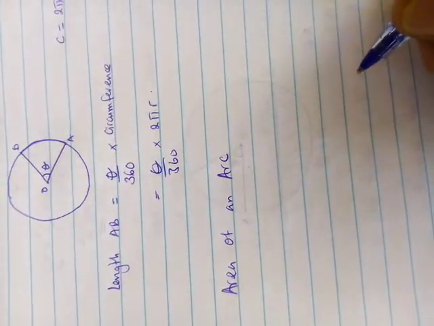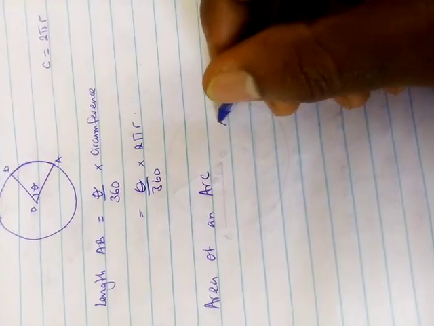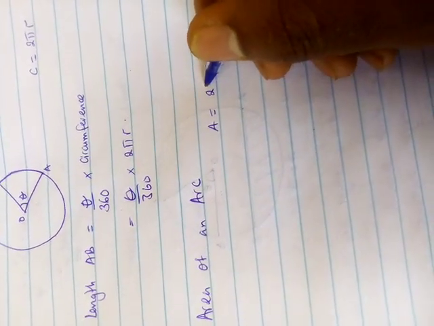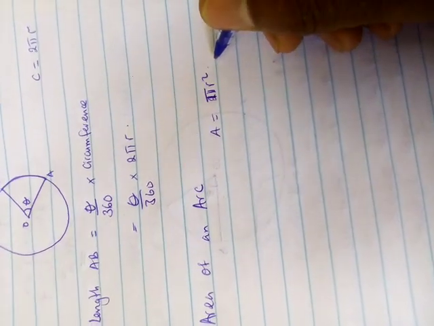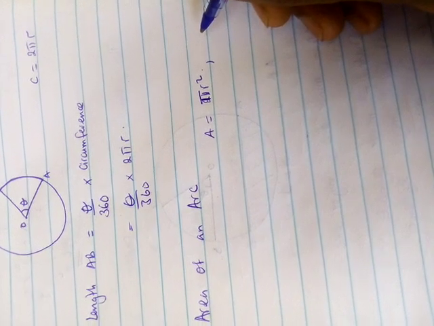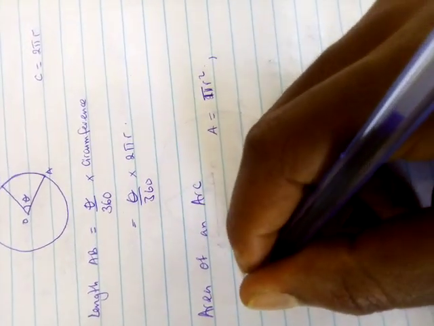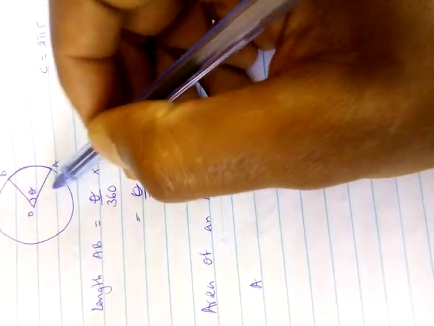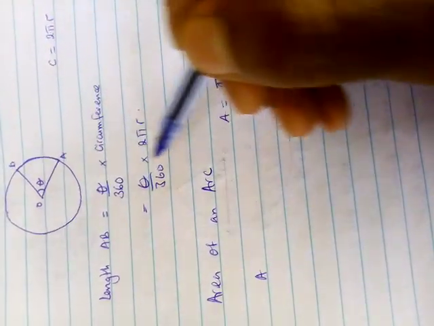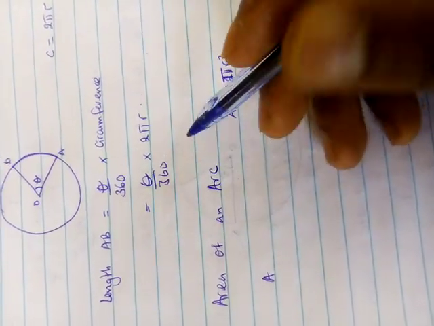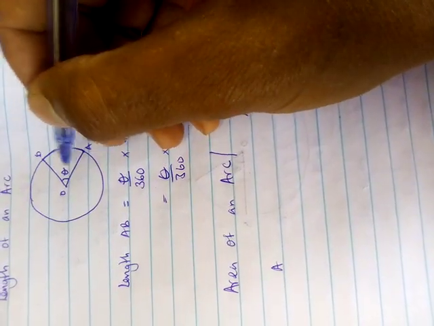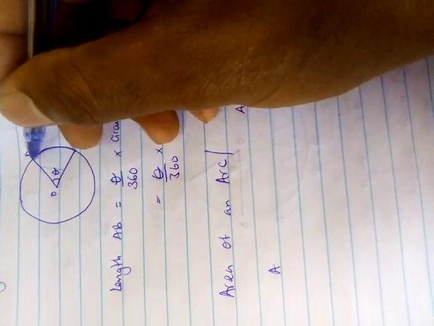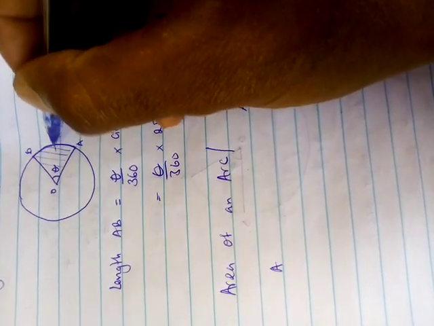Area of an arc: you know that the area of a circle is given by pi r squared, or simply pi d squared out of 4. The area that an arc makes, this region here, we call a sector.